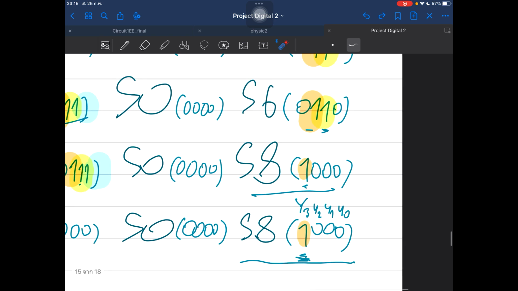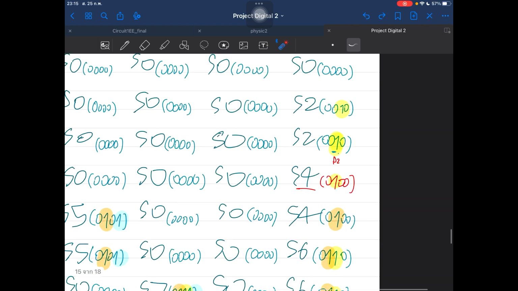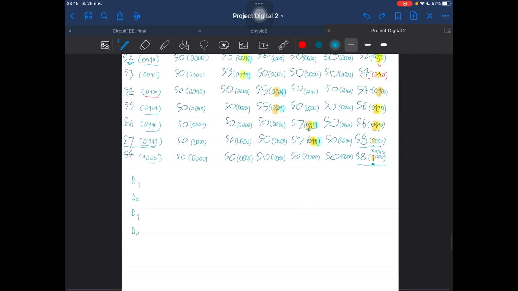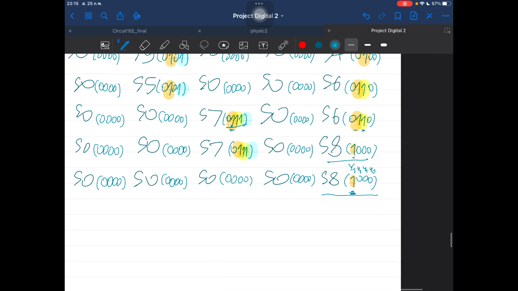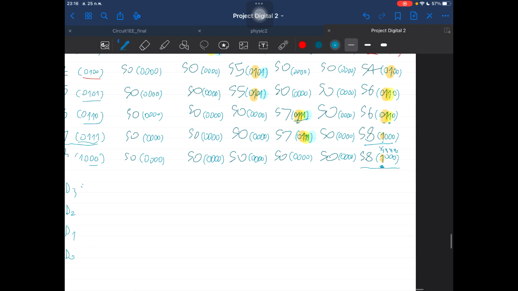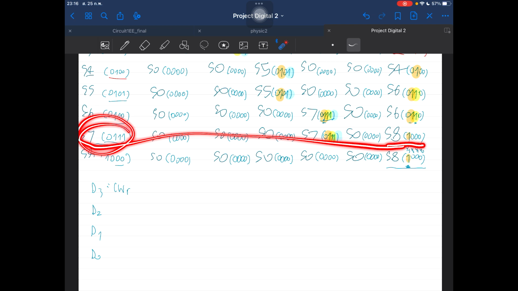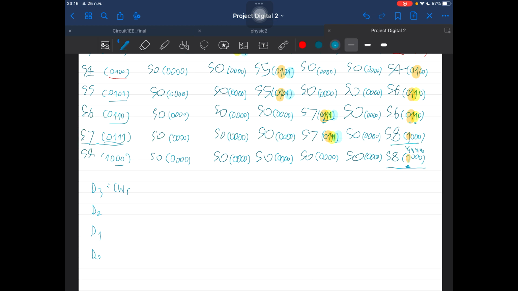Since this is one, first look at the upper input. The input upper of this is WR, then write it. And look at the name of the state. Look at this, and we get state 7. When we combine them, we add them together.